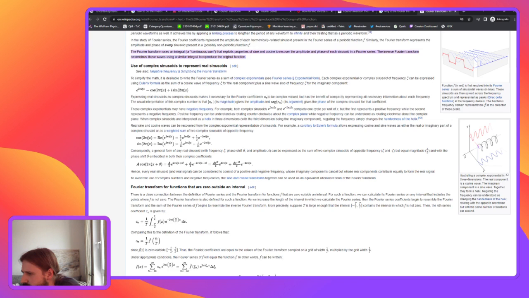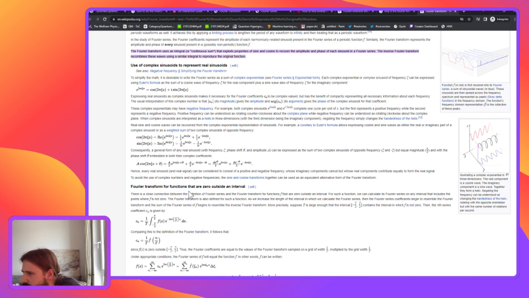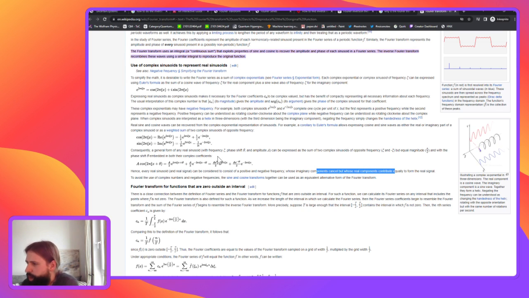Yeah, exactly. The imaginary components cancel out. Okay. And all this just to be able to express that thing in a compact way with an exponential, right?